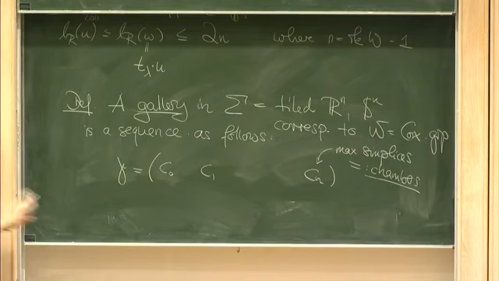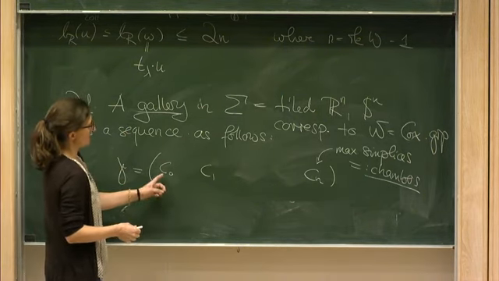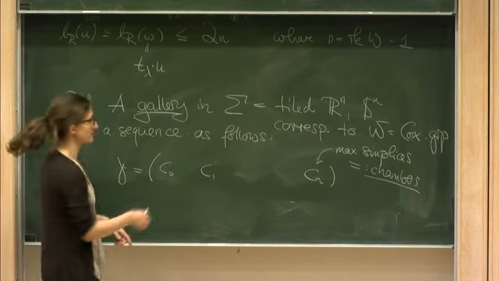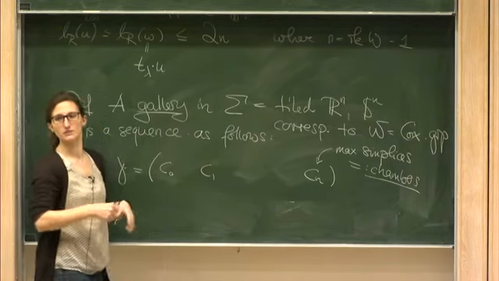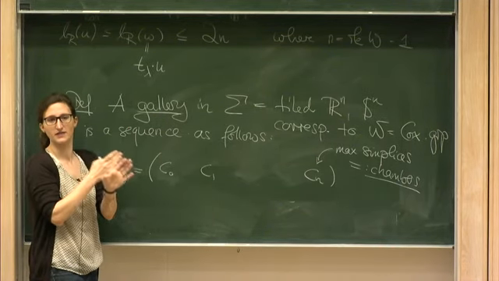But we want to know a little more than that. We also want to record which walls we've crossed from one to the next, and impose the condition that they're not randomly distributed all over the place, but that the consecutive ones share a codimension 1 face.